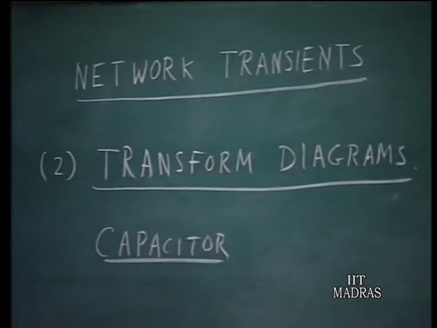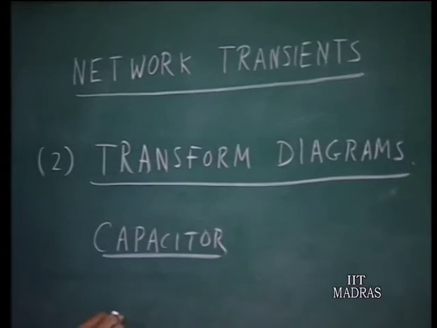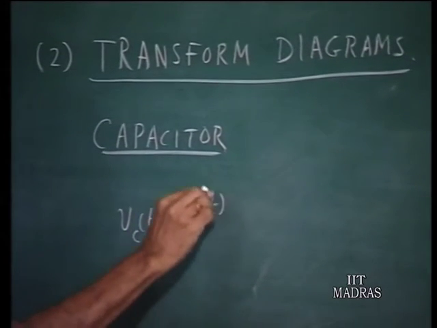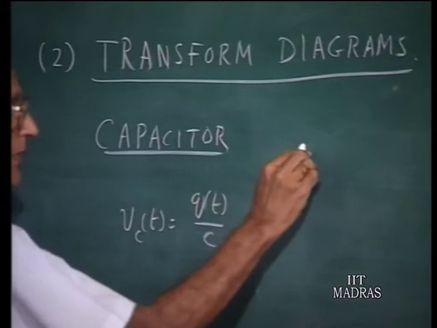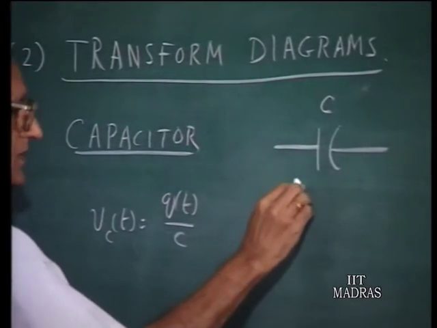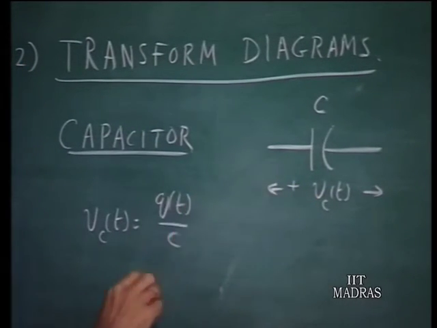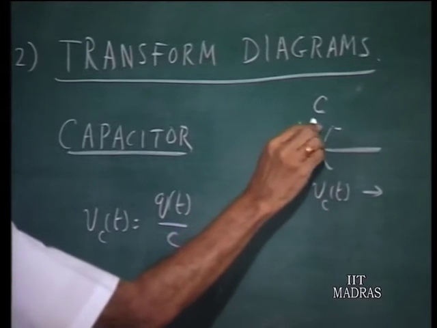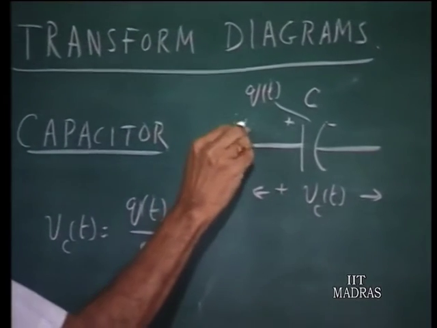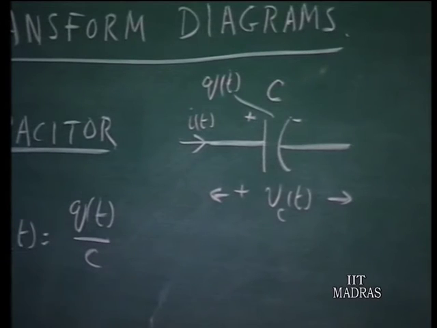We know that the terminal equations of a capacitor can be put in the form that Vc of t is Q of t over C. So, if you have a capacitor here, parameter C, this is Vc of t, and the charge on the capacitor suppose is Q of t, and the current is I of t, then at any point of time Vc of t is Q of t over C.